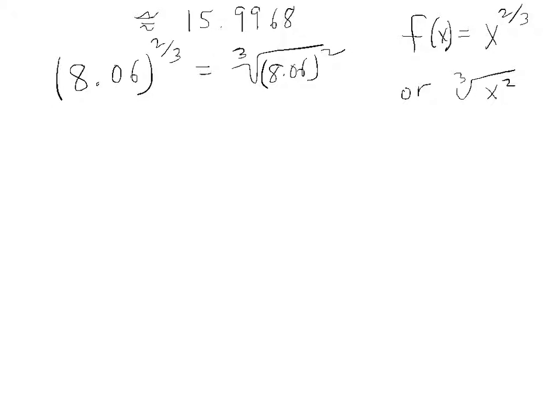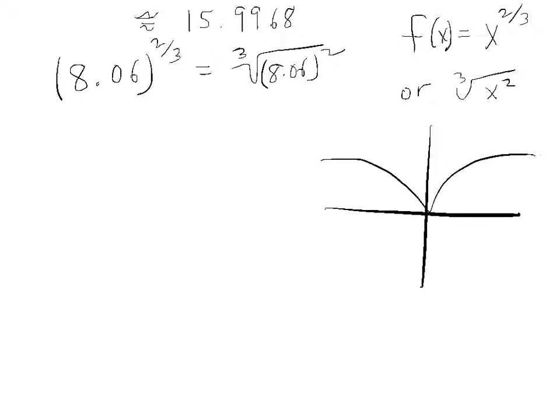And that function looks like this. And a point that we know on here is 8, because 8 squared is 64, and the cube root of 64 is 4. So 8, 4 is on there, so that's where we're going to draw our tangent line right there.